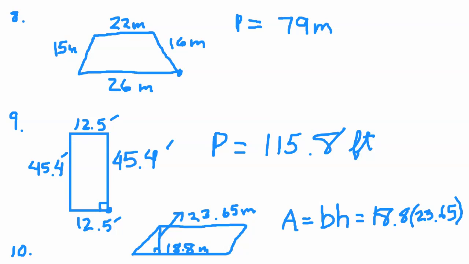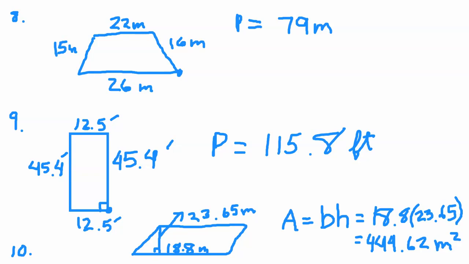So that gives us 444.62. We multiply that out. And that would be square meters. Area is two-dimensional, so it would be square meters.